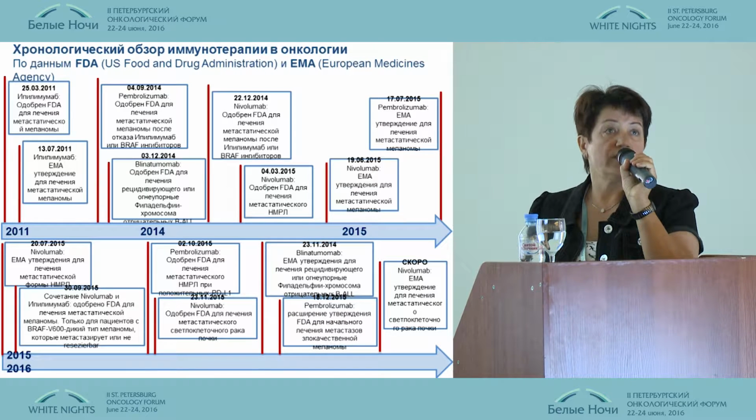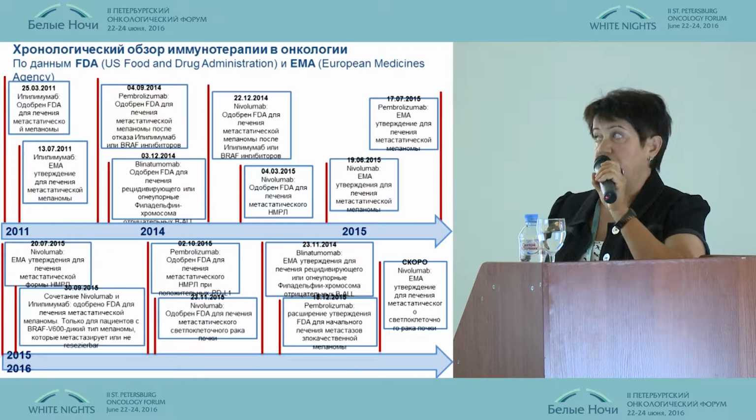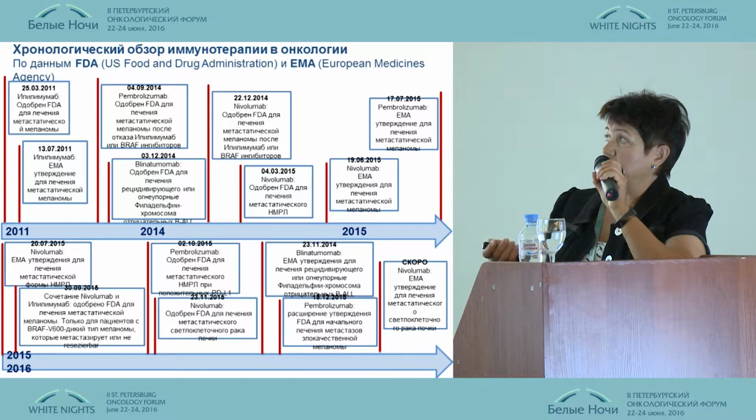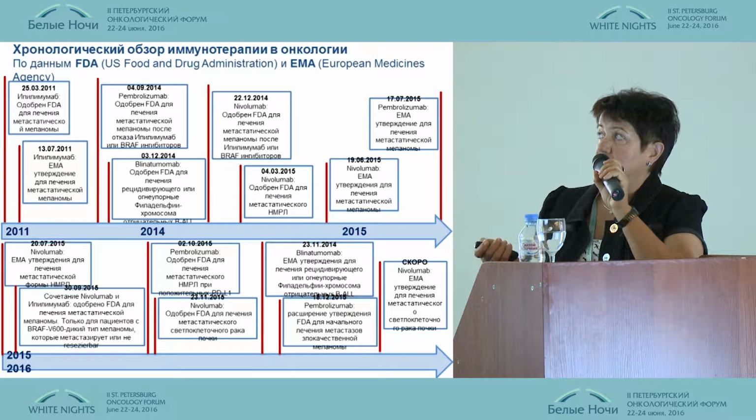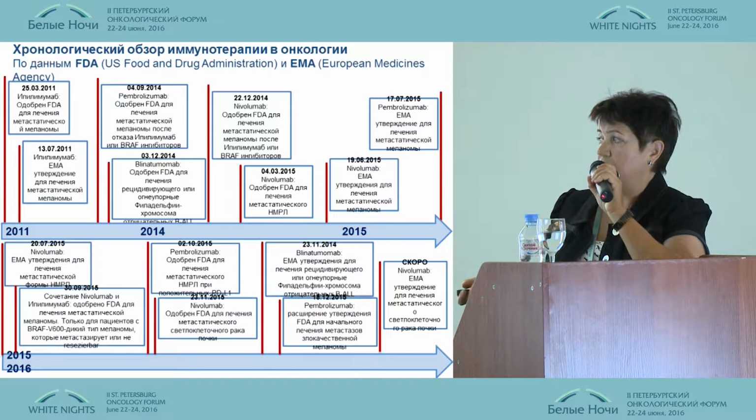All this research is not done in vain. Over many years, this was of little practical value, but on this slide you can see the historical background of immunotherapy development and emergence.